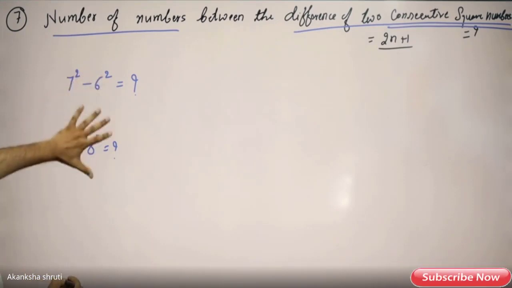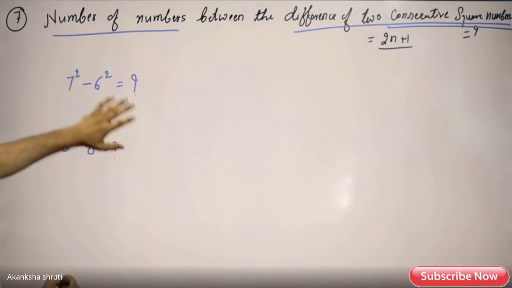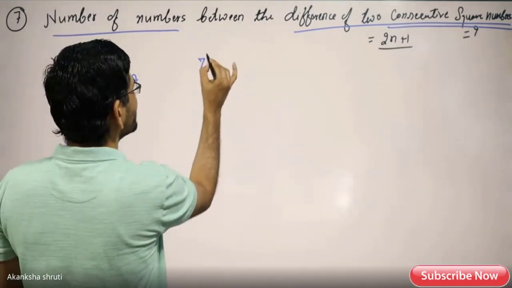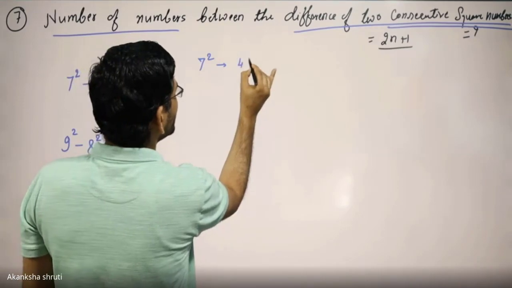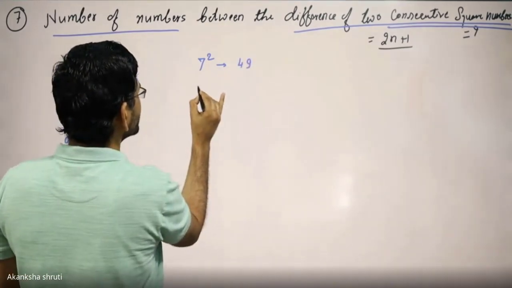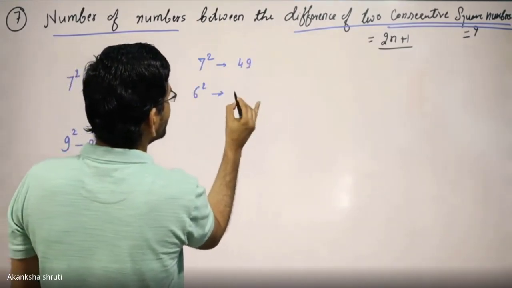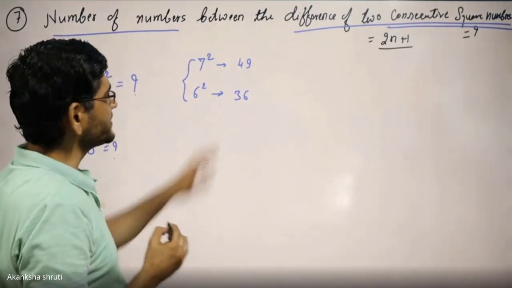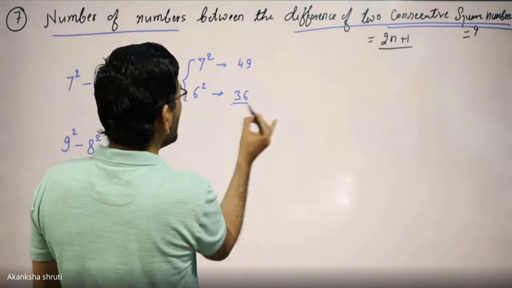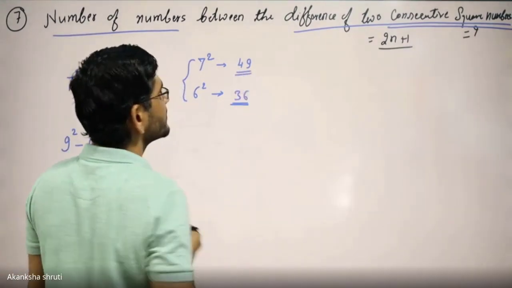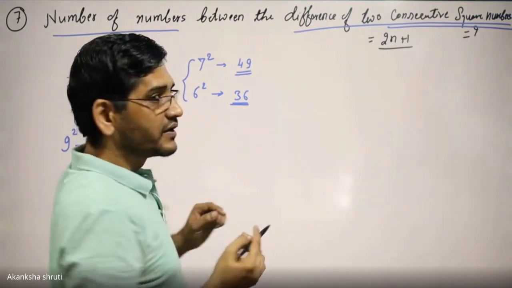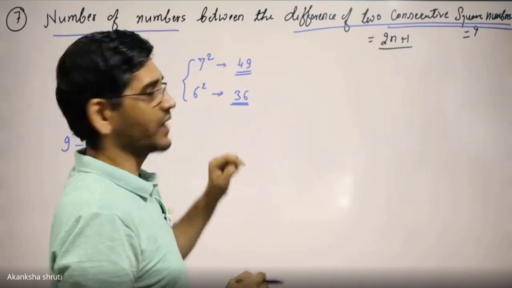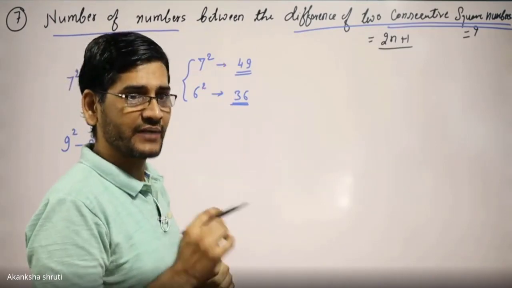Students, before deriving the formula or the shortcut, let us understand this. If we are considering this 7 square, it is 49. If we are considering this 6 square, it is 36. We want to get the numbers between this 36 and this 49. Students, the number from this 6 square to 7 square, there is a difference, so that we have to understand.